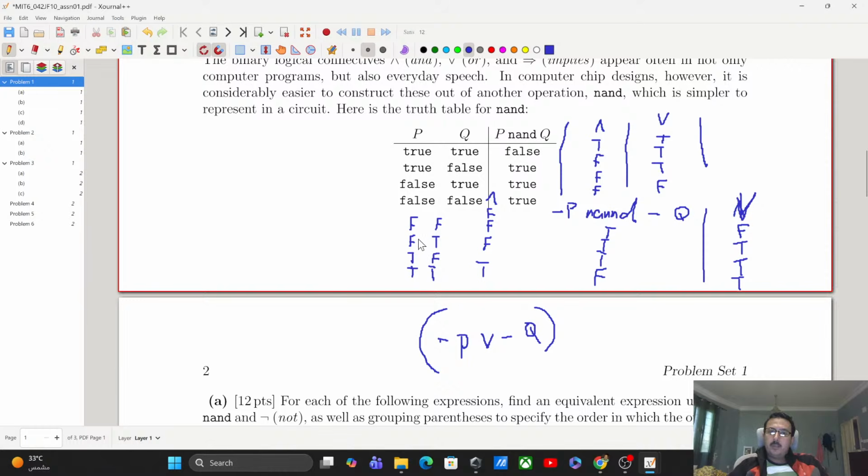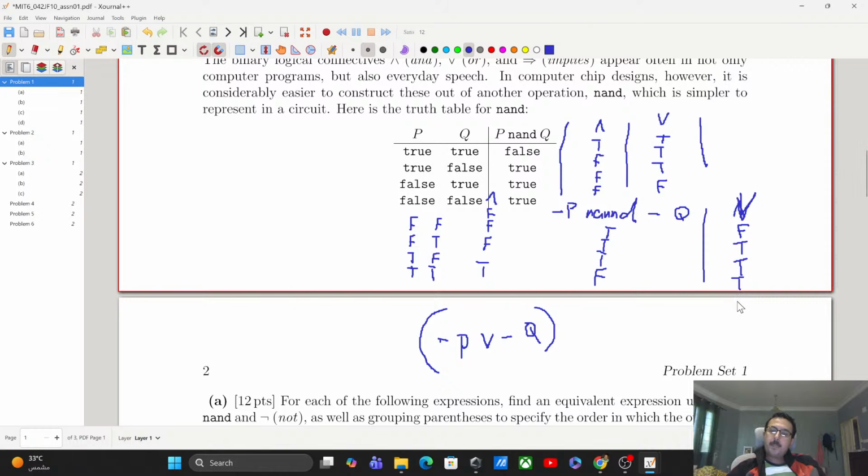Not going to cut it. Always true, this it's true.